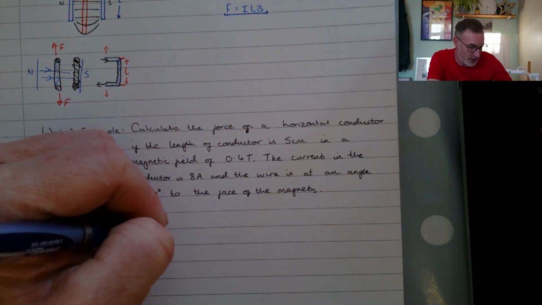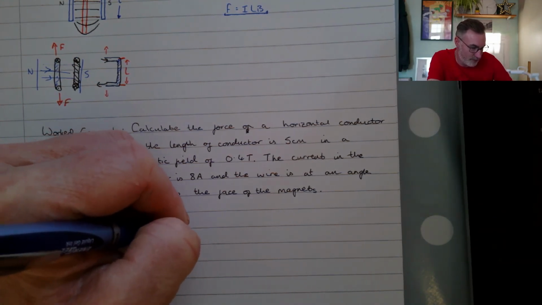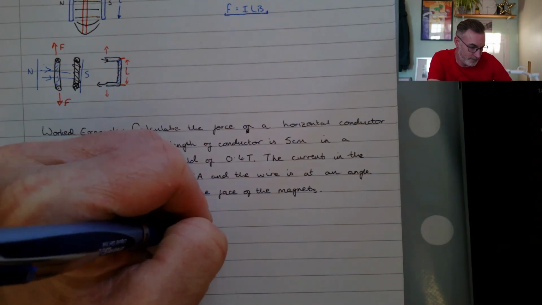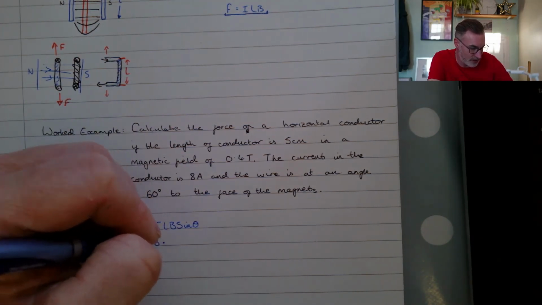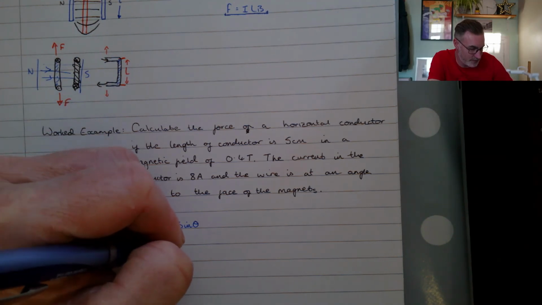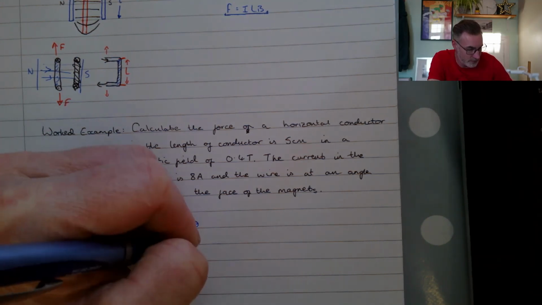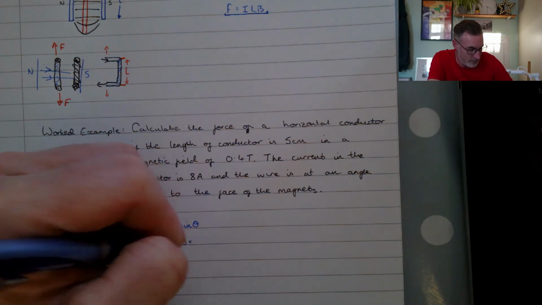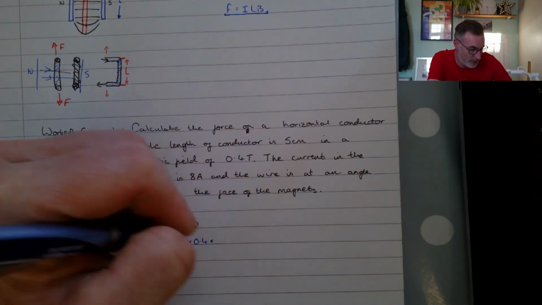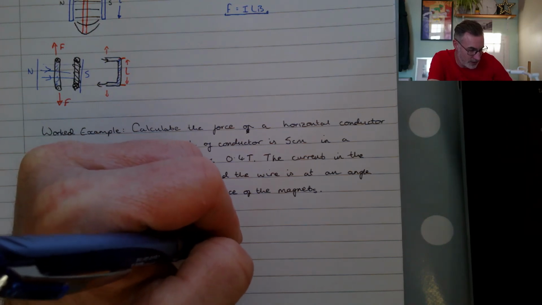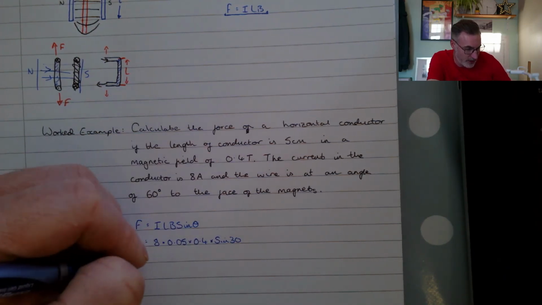So our formula F is equal to ILB sine theta. Our current of 8 amperes times 5 centimeters times the magnetic induction, which is 0.4, times sine 30.